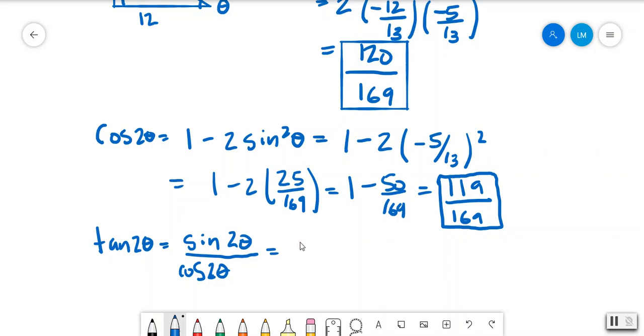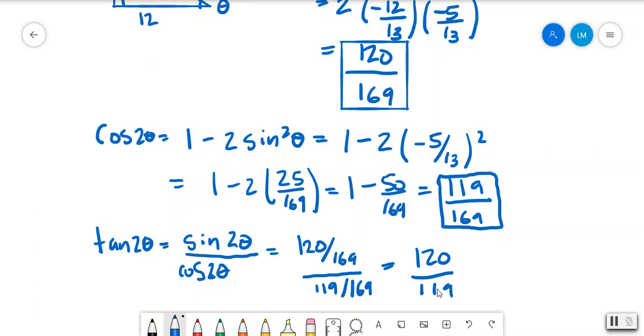Okay, that's way easier. So we have 120 divided by 169 divided by 119 divided by 169. But this equals 120 divided by 119, and that's it.